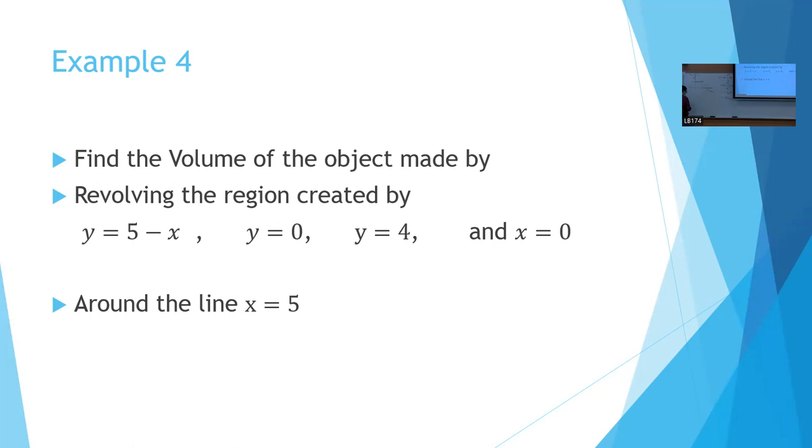And we're going to revolve that around the x equals 5 line. And we'll do this with the shell method.